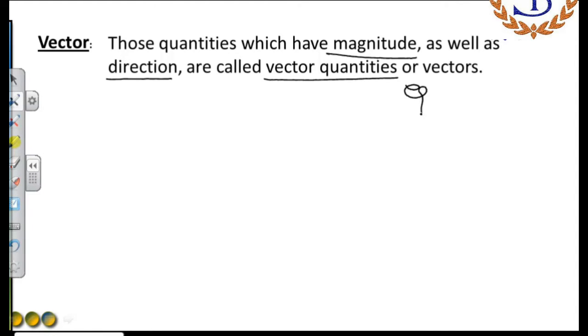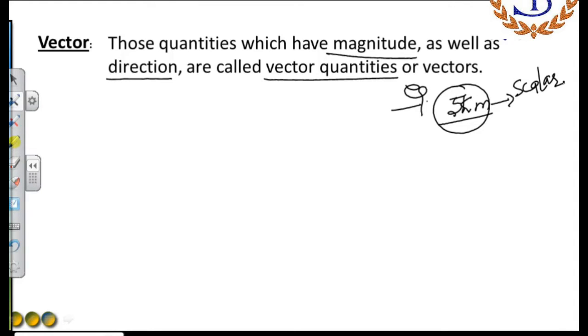For example, let's see, if I throw a stone with the speed of 5 km, so it is having the magnitude only, 5. I have not mentioned any direction here. It means it is a scalar quantity.